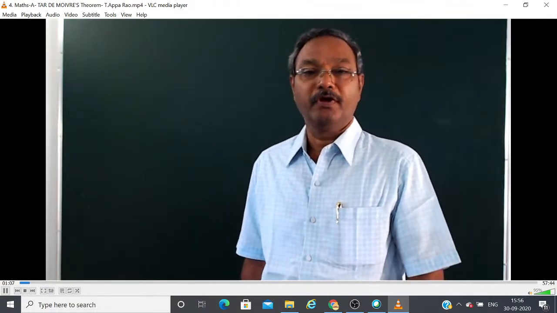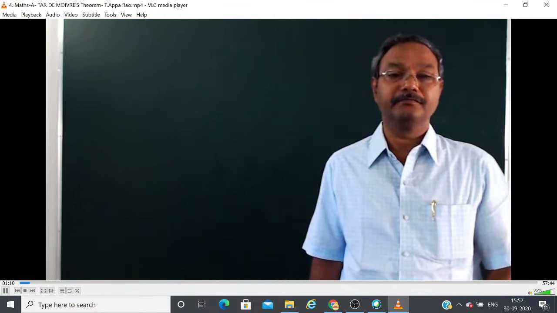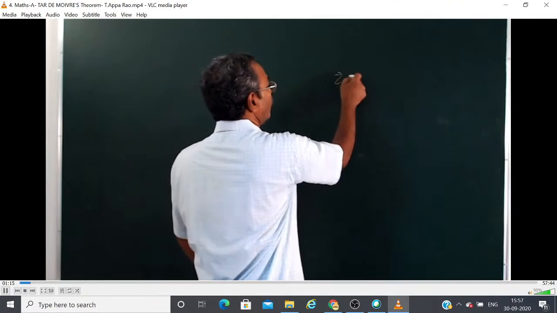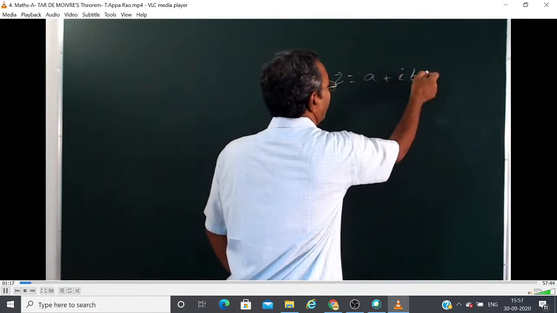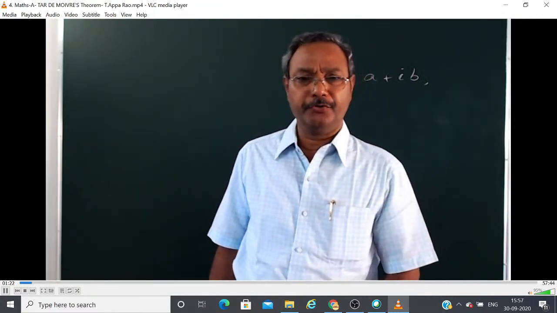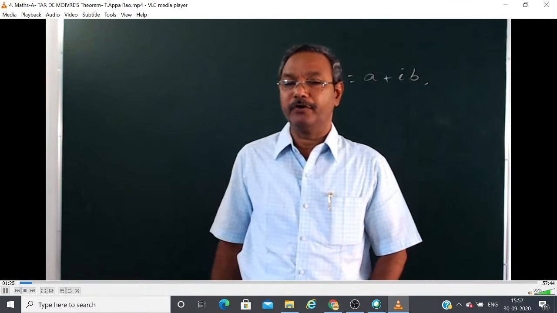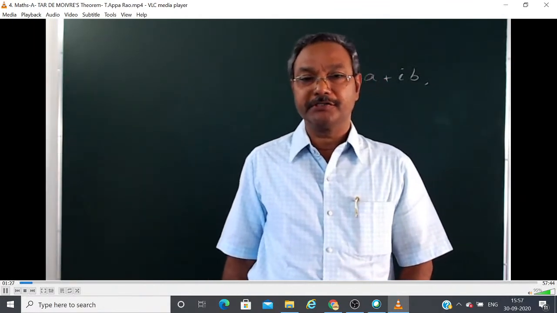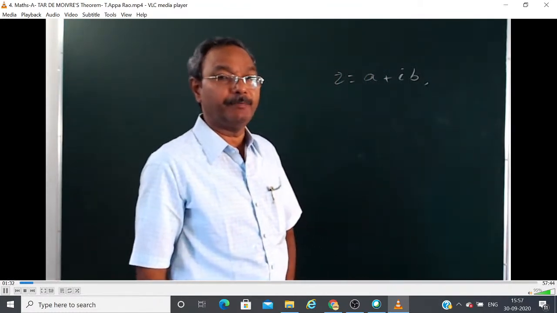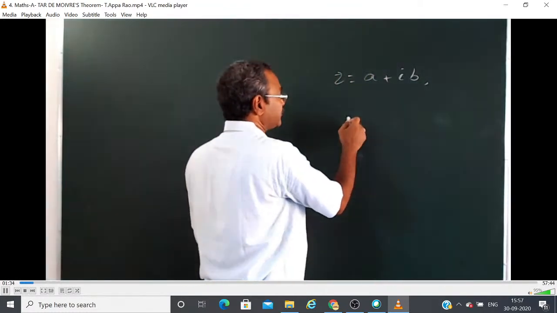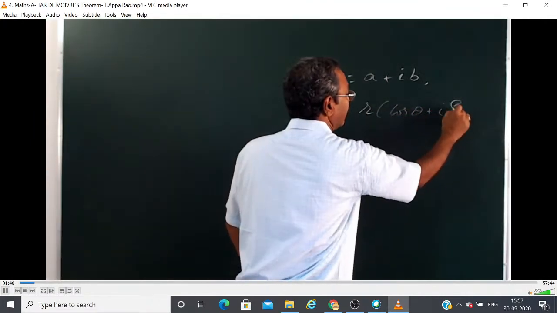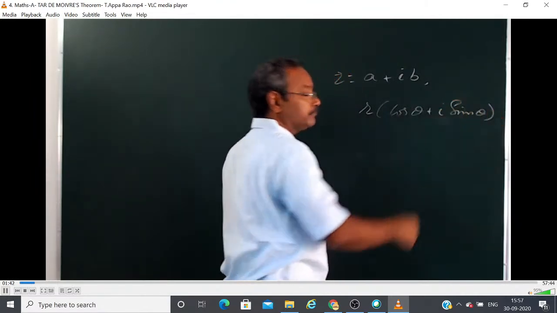We know that any complex number z, which is a plus ib, can be converted to the mode amplitude form, which in fact is the modulus amplitude form, which is r into cos theta plus i sin theta.